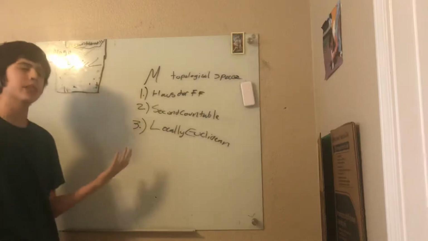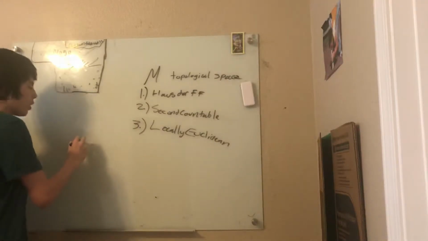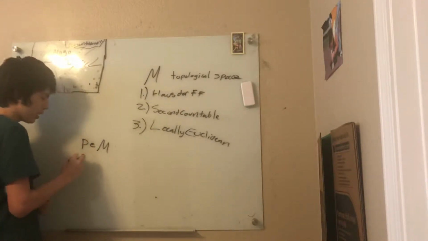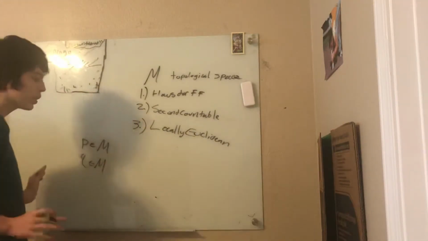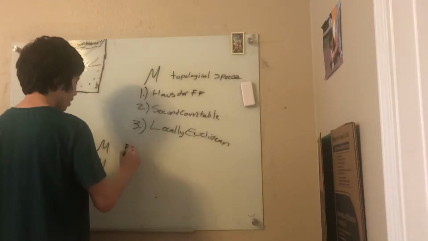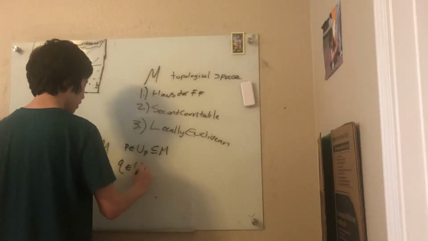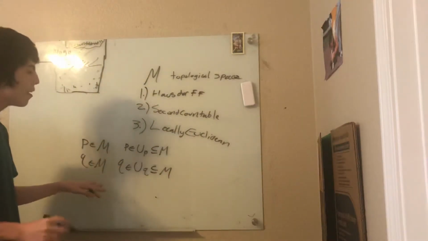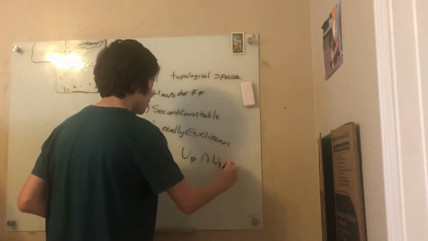So what does Hausdorff mean? That's the easiest one. What Hausdorff means is, for two distinct points, we'll just call this a point of a manifold, P and Q in M, Q is not equal to P. They're completely different. We can build an open set, or neighborhood, around each point such that both of those neighborhoods are disjoint, so their intersection is the empty set.